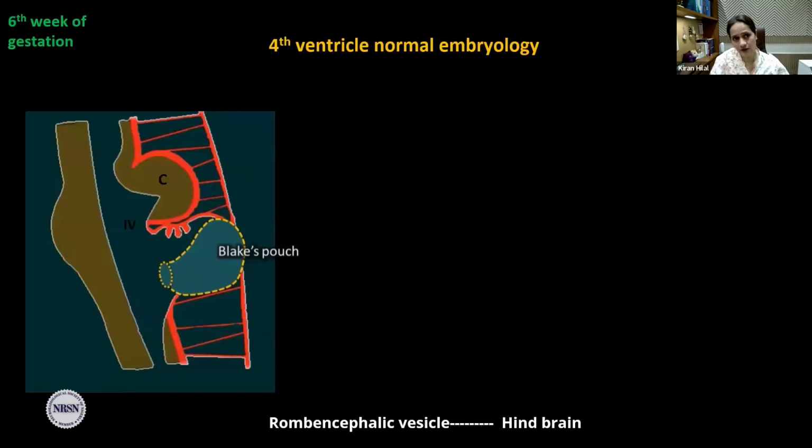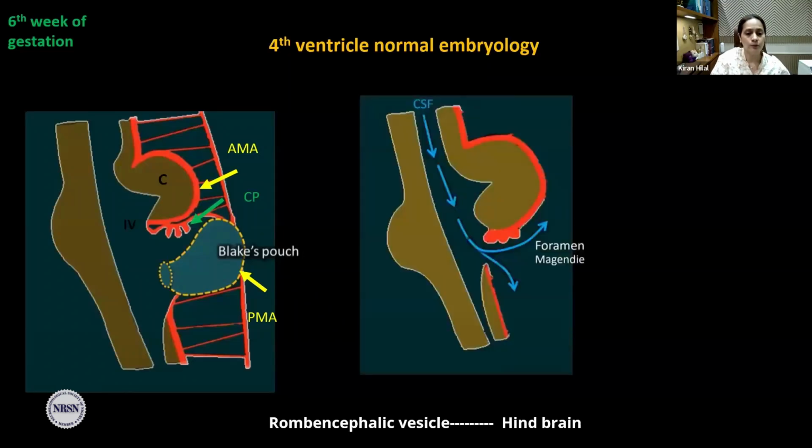Now, if we dig further into the normal 4th ventricular embryology, this is the third vesicle, the rhombencephalon, which divides into the ventral portion, making the pons and the medulla, and the dorsal aspect, which forms the 4th ventricle and has two stages. In stage one, the superior portion makes the cerebellum, also known as the AMA, the anterior membrane area. The superior portion of the dorsal rhombencephalon gives the formation of the 4th ventricle and the cerebellum.